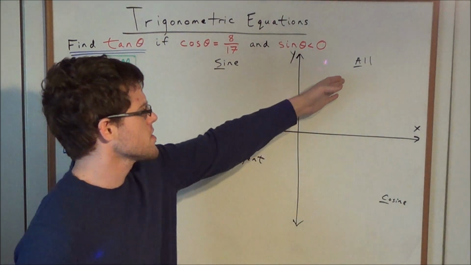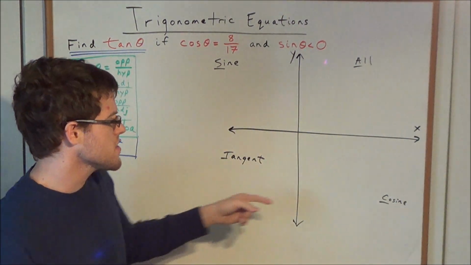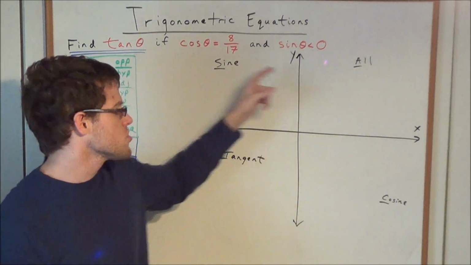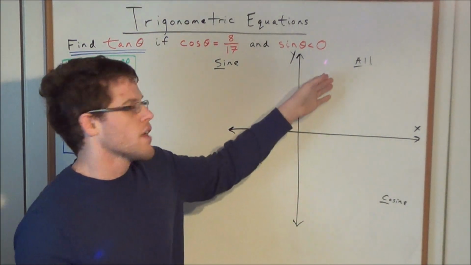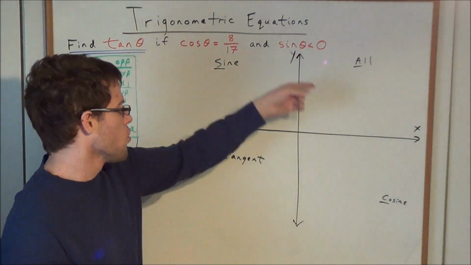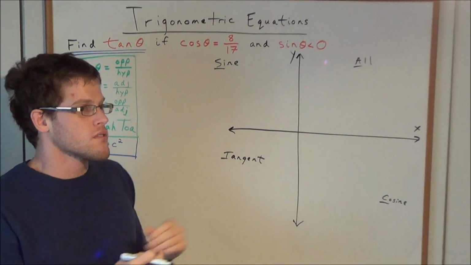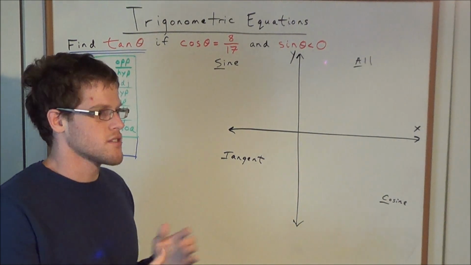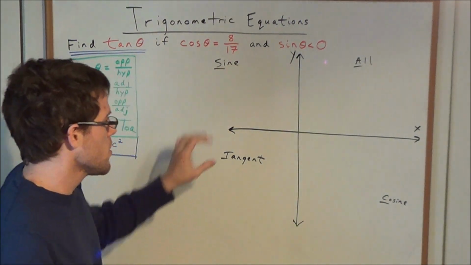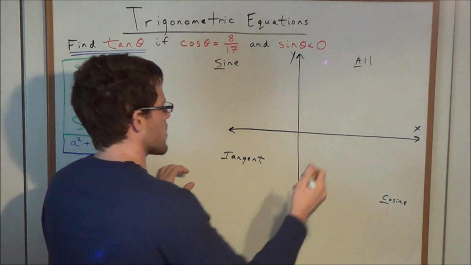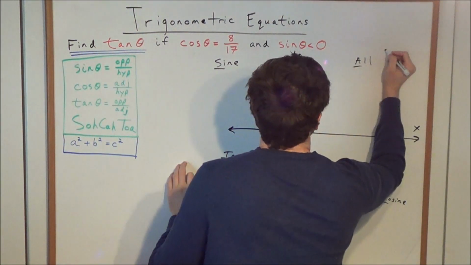To remember this, we have ASTC. Some teachers will say all students take calculus. If you have a goofy teacher, they may say all students take crack. I personally like the second one, even though the idea of all the students doing that is pretty terrifying.